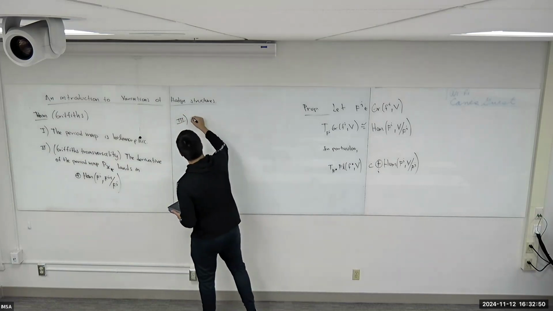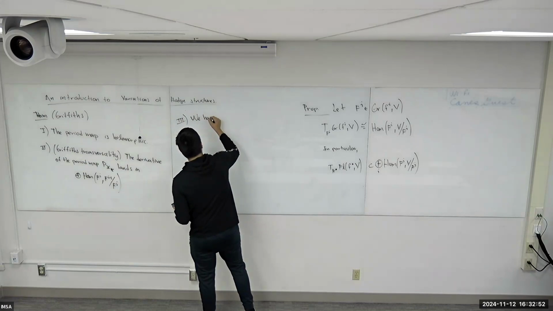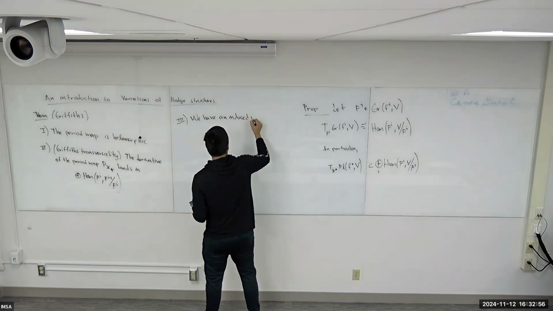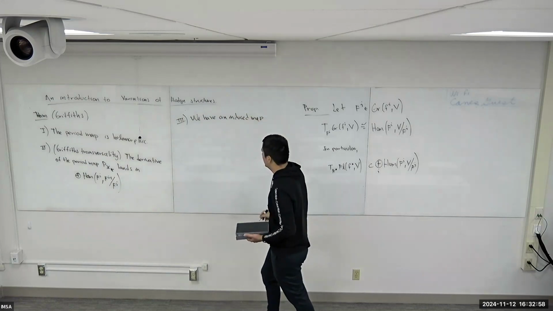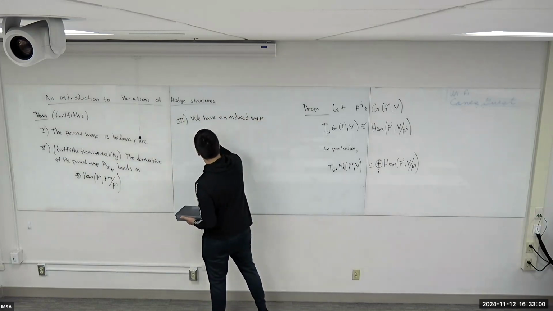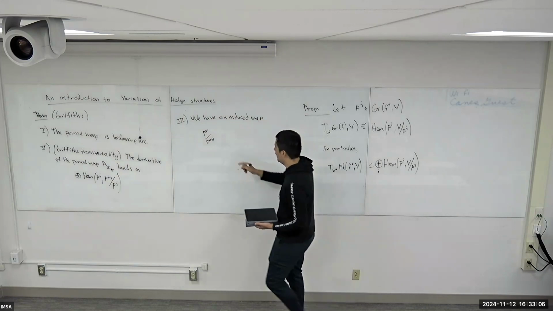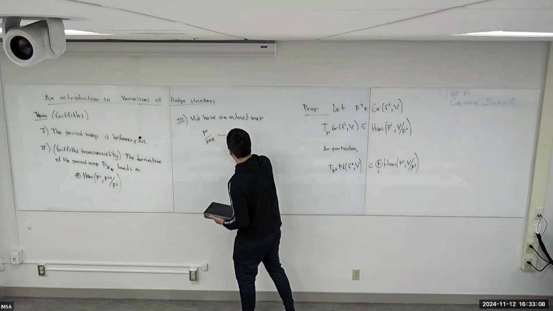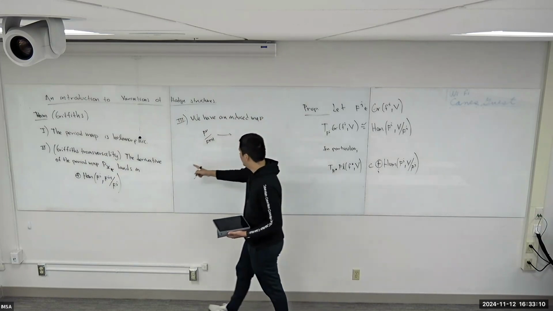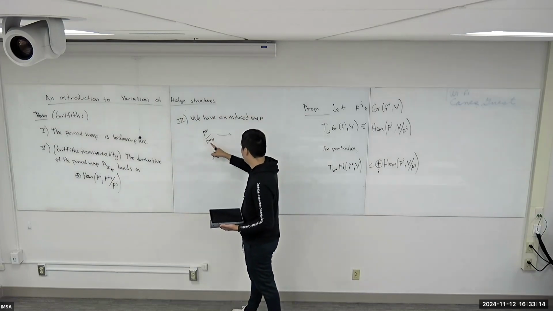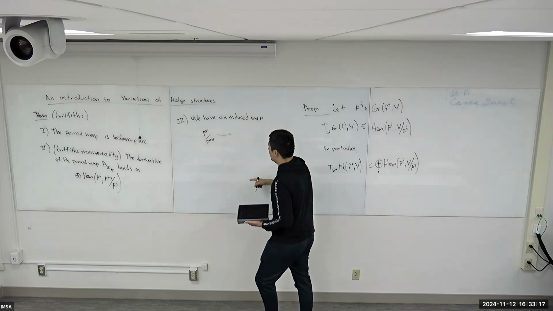So we have an induced map. If we consider the graded part, let me just denote by F, not write everything. So this Griffiths transversality is telling you that F^(p+1) is going to go to F^p.